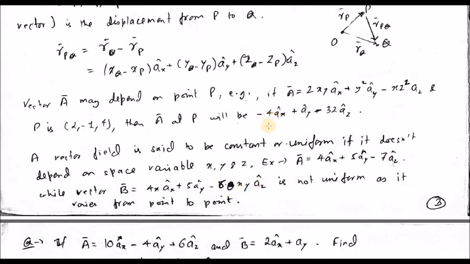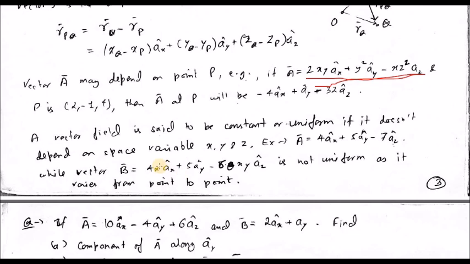But suppose I am provided with a vector field B like this: 4x plus 5ay minus 60xyaz. Then it is not a uniform field. Why? Because it varies from point to point.